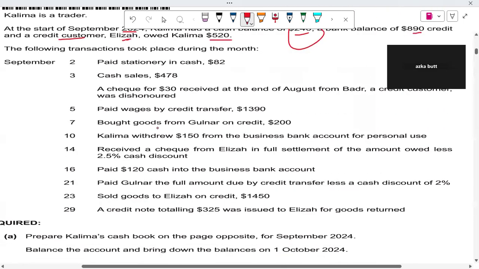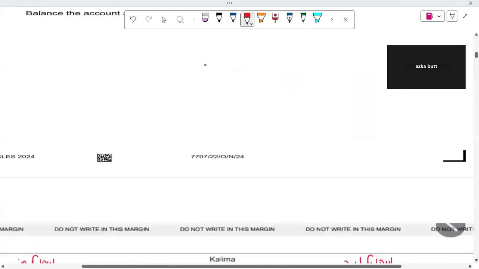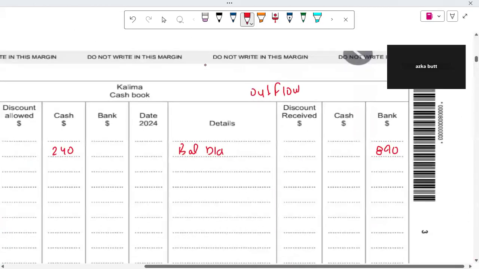Okay, so what happened on September 2? On September 2, we paid stationery in cash, $82. So we purchased the stationery for $82. This is an outflow, and that's why we have to record it on the credit side.